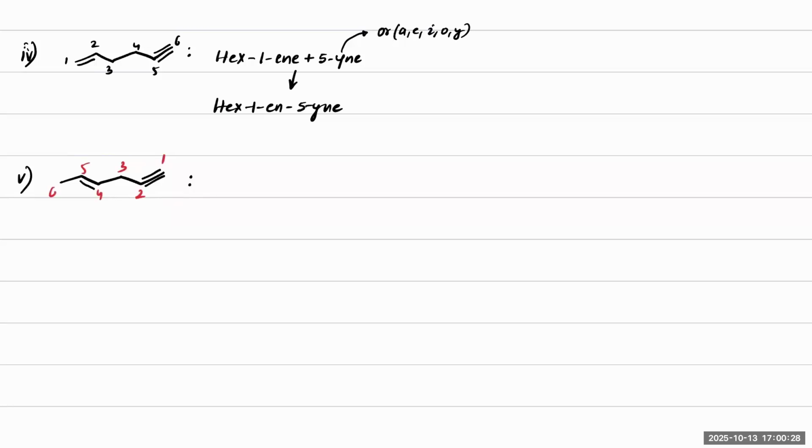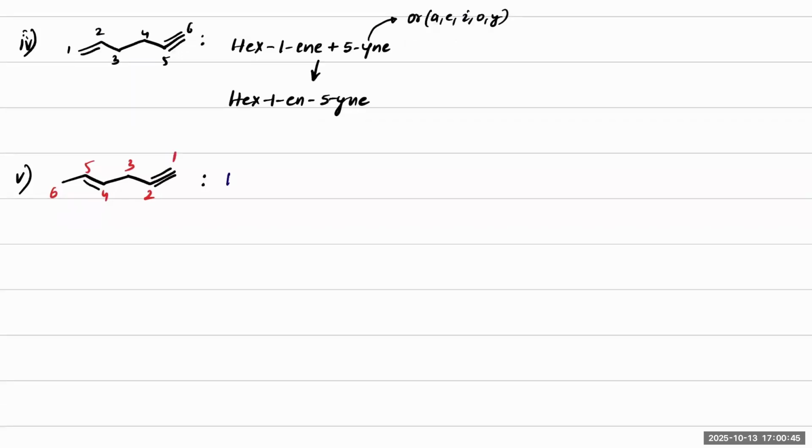Remember, the double bond is prioritized over the triple bond only when both sides of the chain have the same kind of numbering. Correct? Then only we will give the double bond more priority. And now notice what should be the name. Again, in a similar way, hex, but this time, what are the groups we have here?